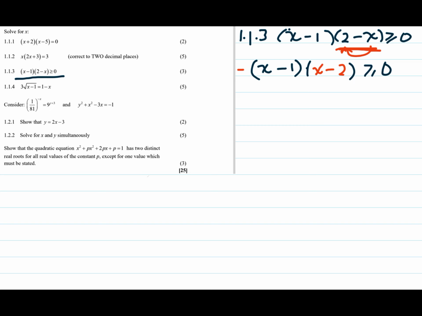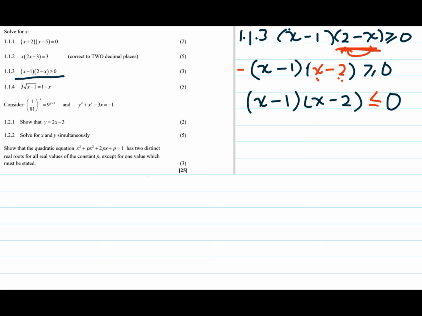So we rearrange it, so we have x minus 2 here, and then we have a minus. So we've changed it, and then the minus comes out. I just put it here so that it doesn't look like a subtraction. And so you know that this is now going to change the sign of the inequality, because it's like dividing by a negative.